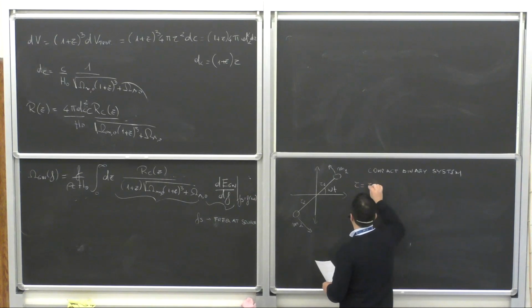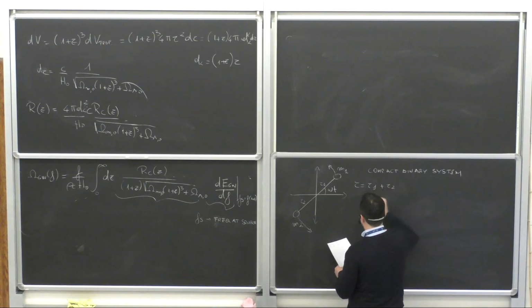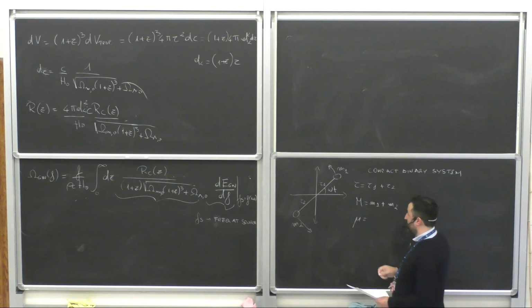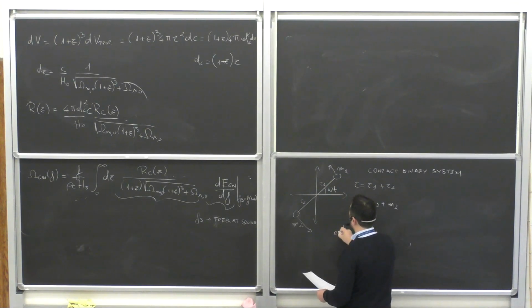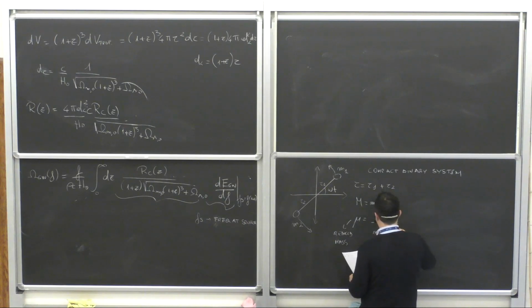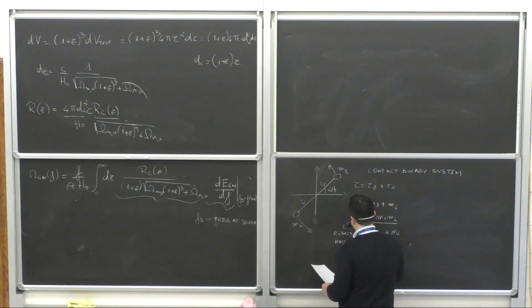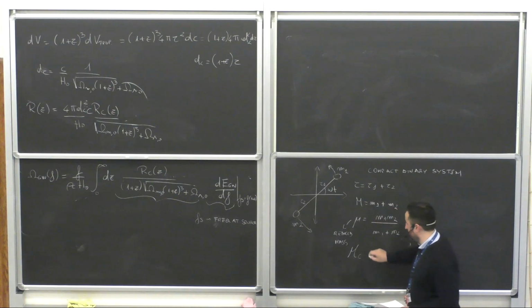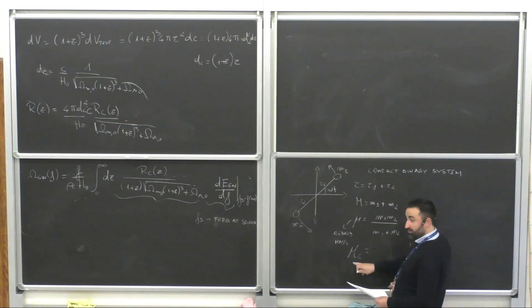So just to give you some definitions that you know, capital M is the sum of the two masses. Mu is what is called in the community the reduced mass, or in the two-body problem if you want. Then I introduce another quantity that is typically used in the gravitational waves community, that is the chirp mass.